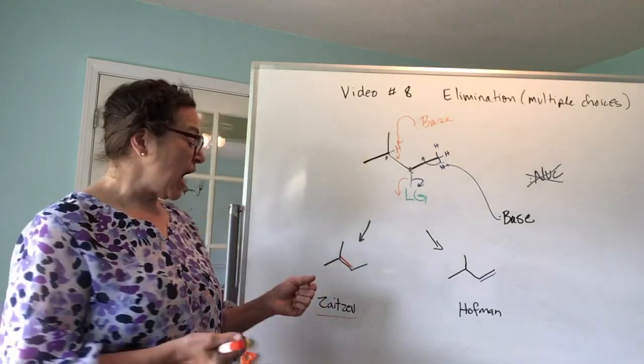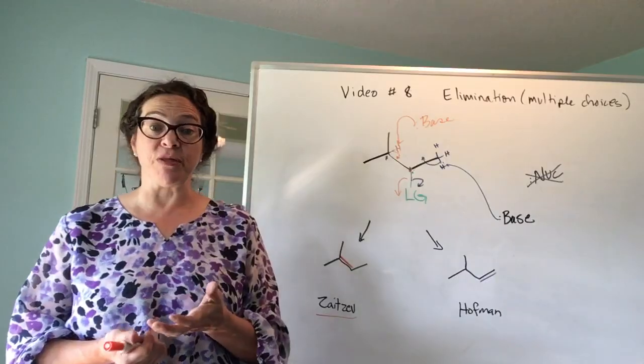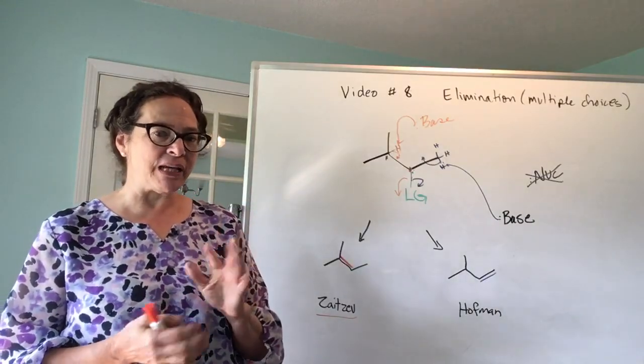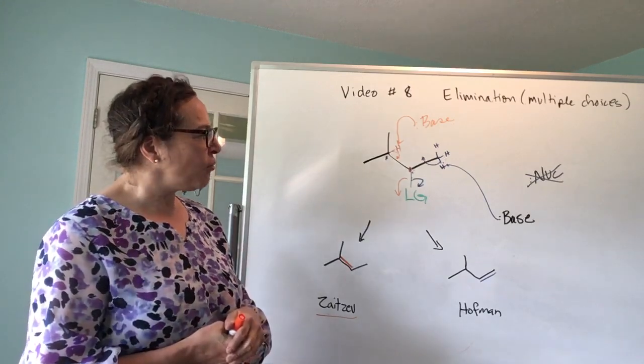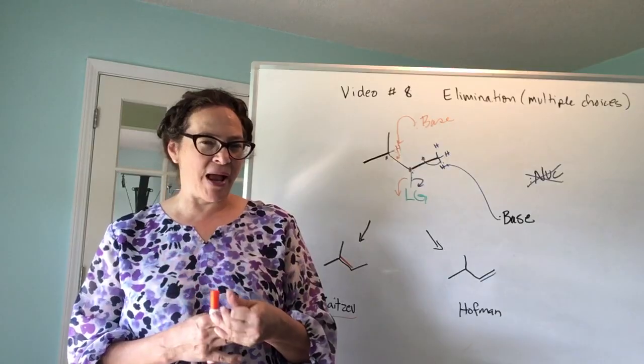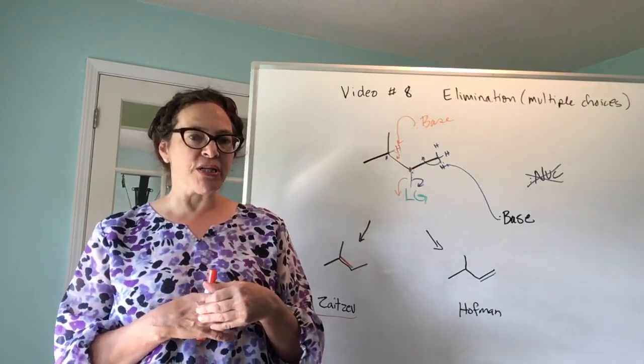In fact, I know that Zaitsev is going to be the better product because Zaitsev is going to be the more stable product. I do, however, have a little bit of an inkling. I know that if I design my base in a certain way, I might be able to choose one product over another.